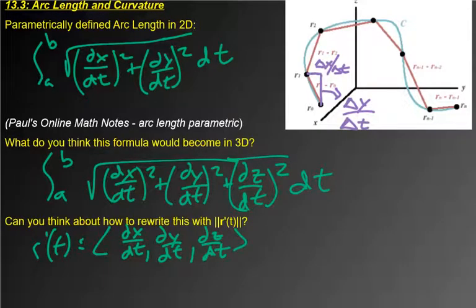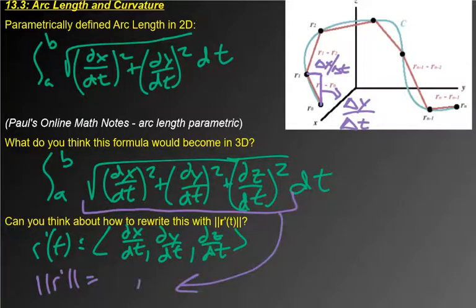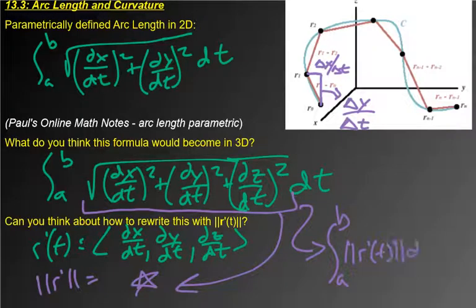So if you take the magnitude of r prime, it would equal this part right here. You would really just have the square root of all those squared, and that's how you find the magnitude of that vector, right? So this whole messy looking thing can be written as the integral from a to b of the magnitude of r prime of t dt.